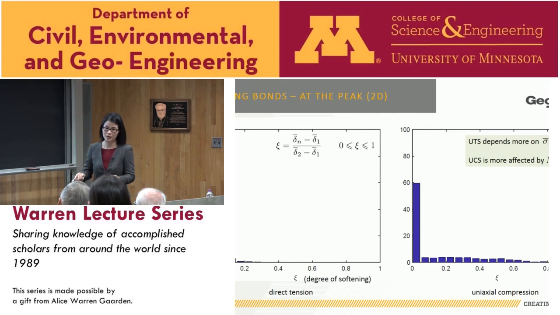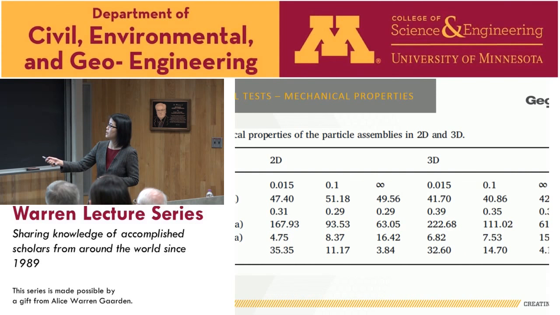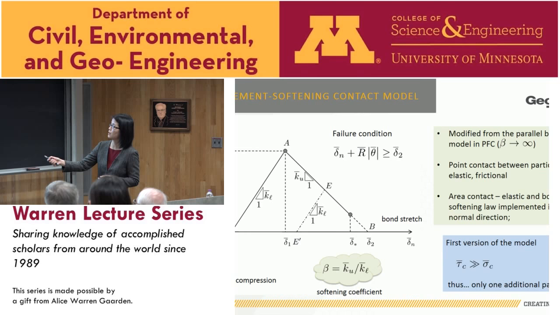So if we go back again to the contact law, in the compression test, a lot of bonds are situated in this range, but in the tension test, most of them are here. That's why I would like to make the assertion that the tensile strength is more governed by the bond strength over here, but the compression strength would be related to the area underneath this curve.